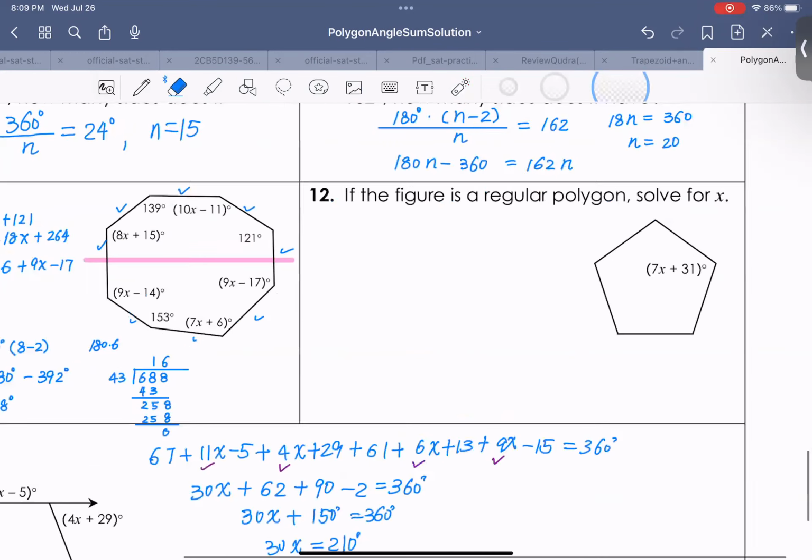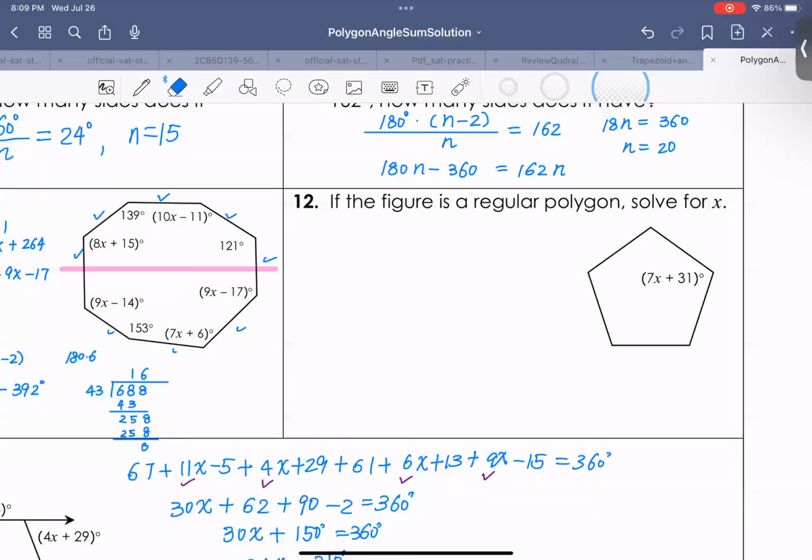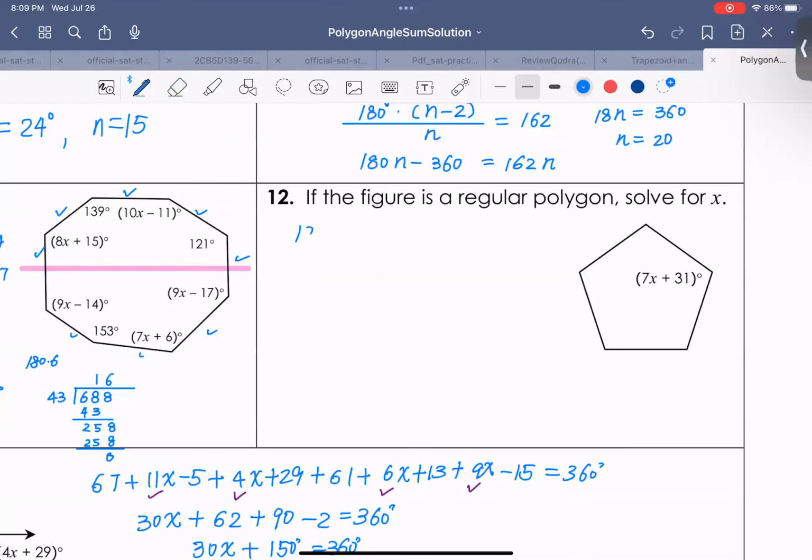Next one. Annie, let's do number 12, please. If the figure is a regular polygon, solve for x. It looks like a pentagon. So it would be 180 times 5 minus 2, over 5, is equal to 7x plus 31.